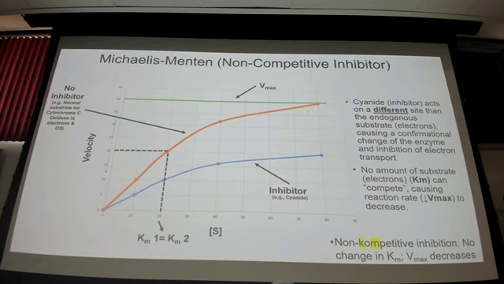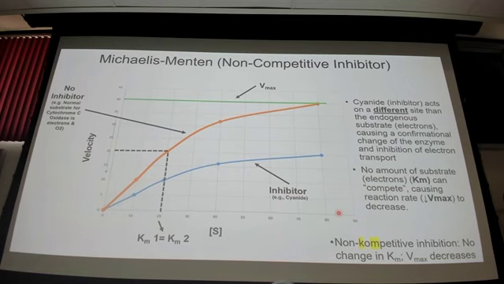Cyanide acts on a different site and it distorts the shape of the active site where electrons act. So it's going to completely drop the rate of reaction. It's going to stop the reaction from occurring because even though some of the electrons might still be bound, that conformational change is going to cause the reaction to not be able to be completed.